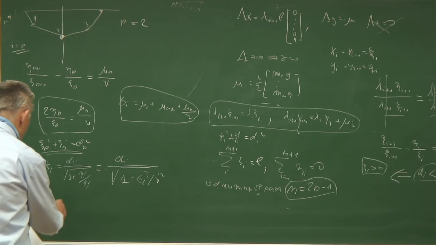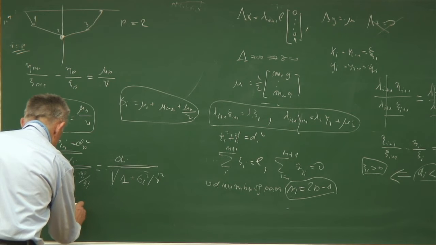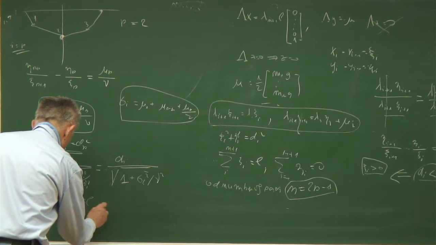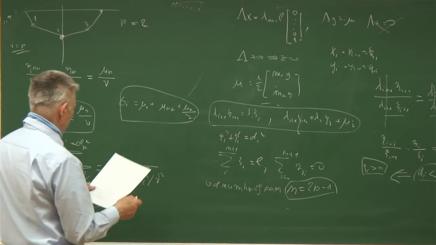But now use that the sum over xi's gives L. And then you get something nice.